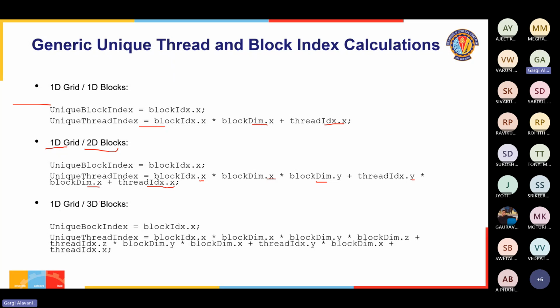If it is a 1D grid and 3D block, again the block index will remain unique because it is a 1D grid. The thread index will involve multiplication of the y as well as the z terms with the block dimensions because it's a 3D block. You multiply threadIdx.z into the block dimensions, and threadIdx.y into blockDim.x, plus threadIdx.x.